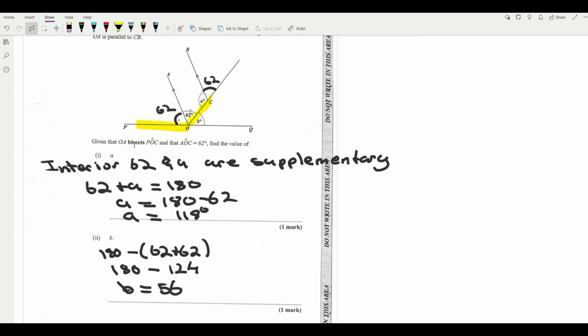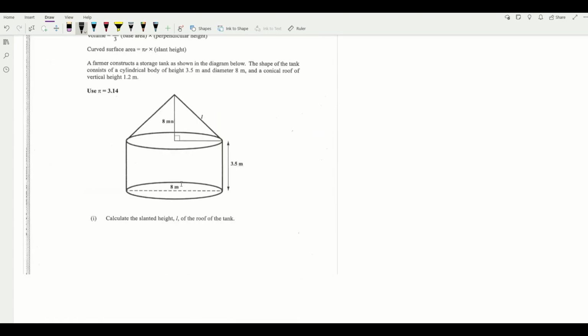So 62 plus 62 plus B is equals to 180. If I made B the subject, I would add 62 and 62, which is 124. So B would be equal to 180 minus 124, and that is equal to 56. And that is how you would have done this here.